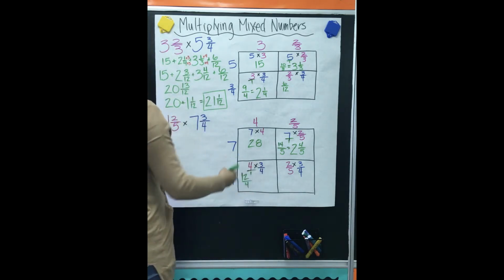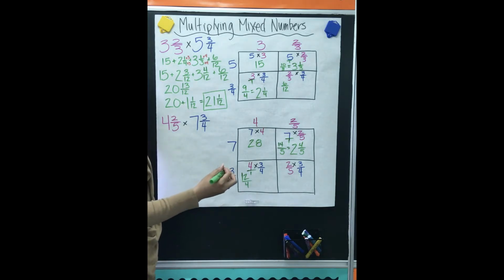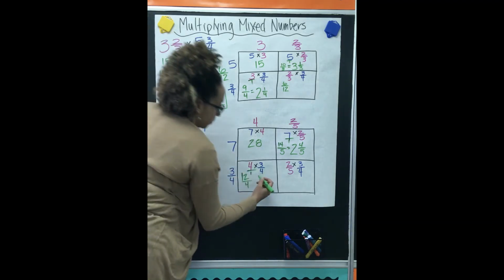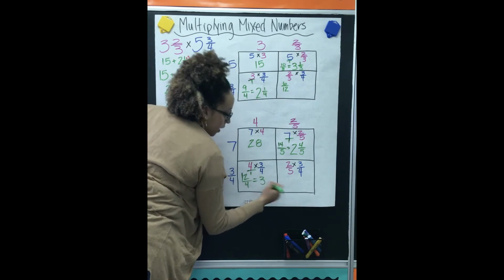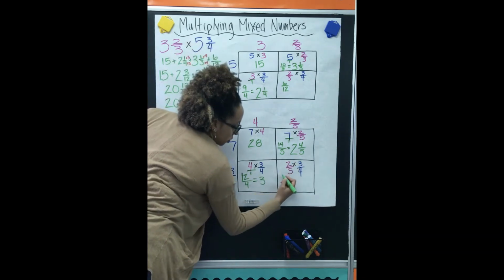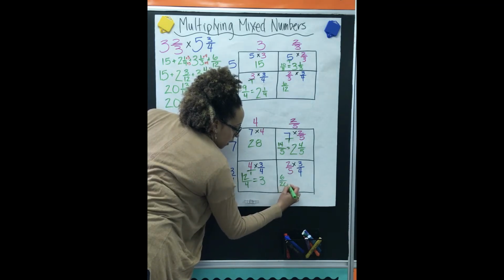We observe that that's an improper fraction. So we go, 4 can go into 12 how many times? 4, 8, 12. Ooh, we can stop. It goes in evenly 3 times. Then we come over here and we go 2 times 3 is 6. And we go 5 times 4 is 20.